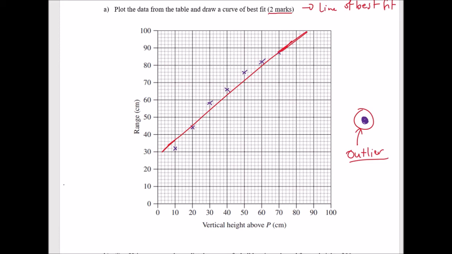So in this case, at a height of 80, it's roughly around that, again minusing the little bit of error. So according to that, the distance at 80 is about 94 centimeters.